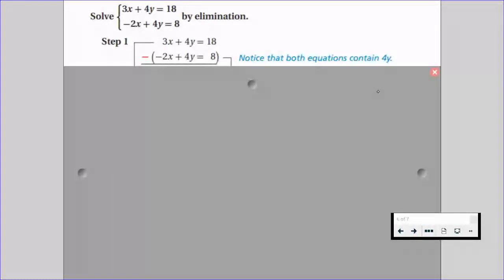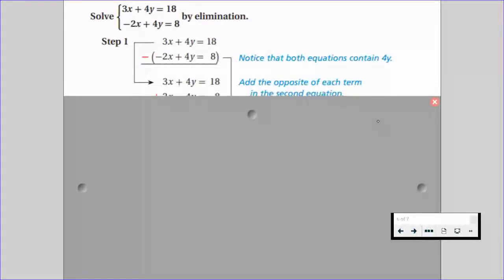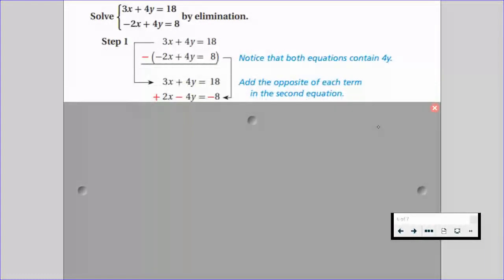So we need to add the opposite of each term in the second equation. When we talk about subtracting and addition, if we are adding something, it's also the same as subtracting its opposite. So really what we just did here was we multiplied the bottom equation by negative 1.